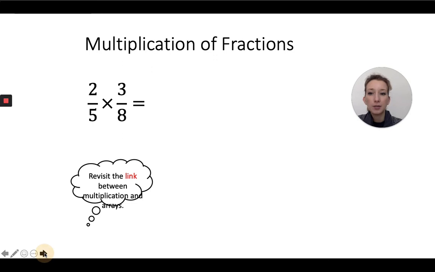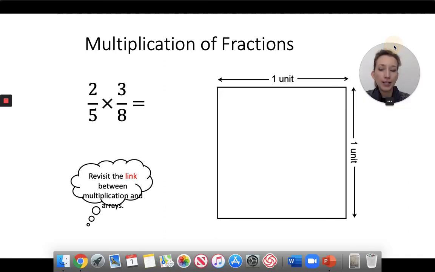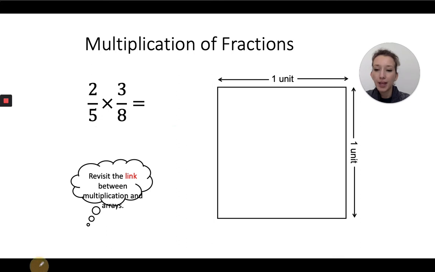So revisit the link between multiplication and arrays. Here we've got an example of 2/5 times 3/8. If we think about how we would demonstrate that as a structure, pictorially, what if we had one unit?